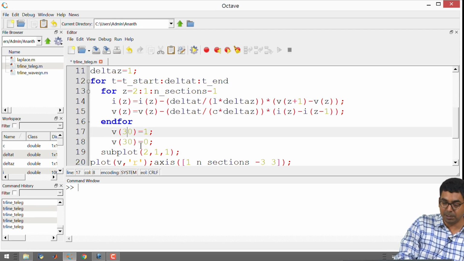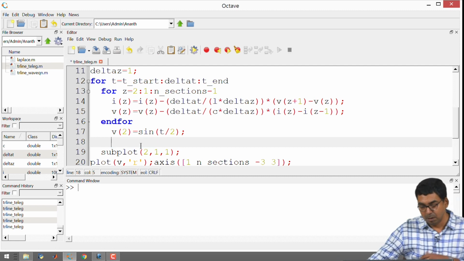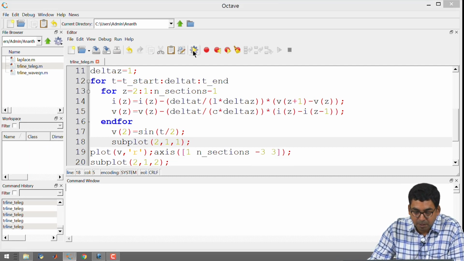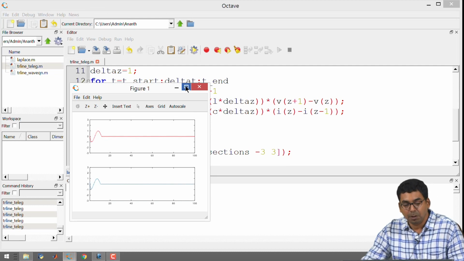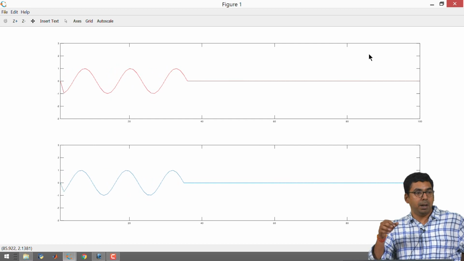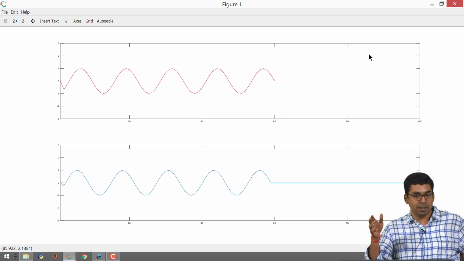So, we will be trying to see AC steady state transmission lines and how they are working. So, I am just giving a sinusoidal input. So, you will be having a transmission line excited with a sinusoid, and we are going to make steady state analysis of this kind of configuration.